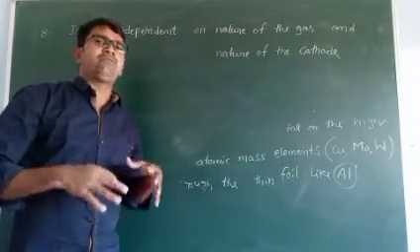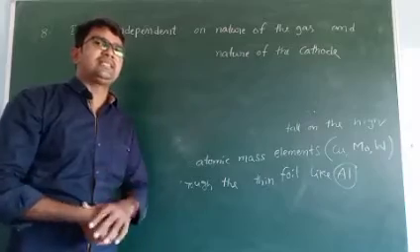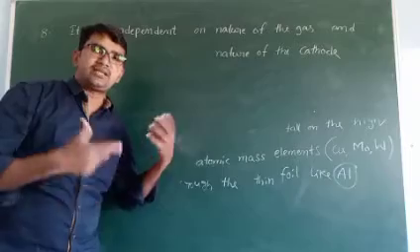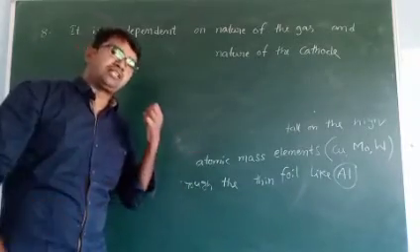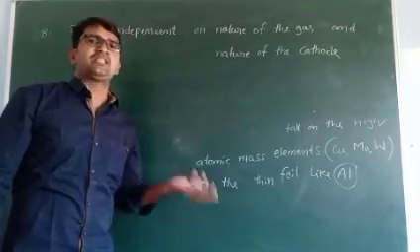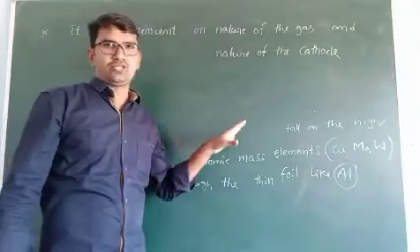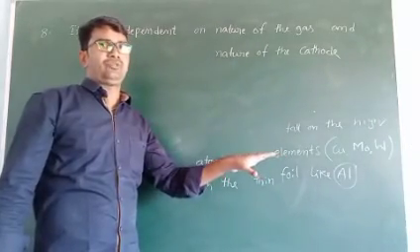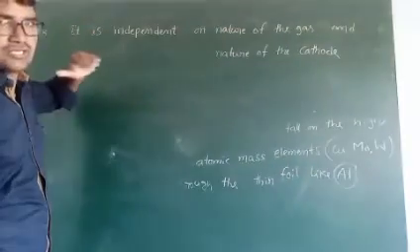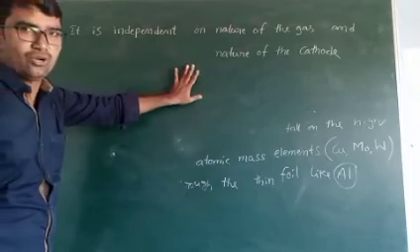There is no need for a perfect number. Electrons are always present outside the nucleus, so they can easily come out. For any gas, electrons are present outside the nucleus. In any cathode, for example if the cathode is made of any metal, electrons are present outside the nucleus. It means they are easily produced to the outside. So that's why electrons do not depend upon the nature of the gas and the nature of the cathode.